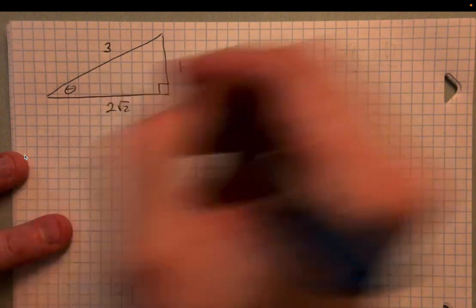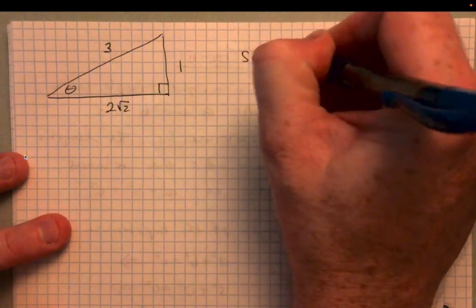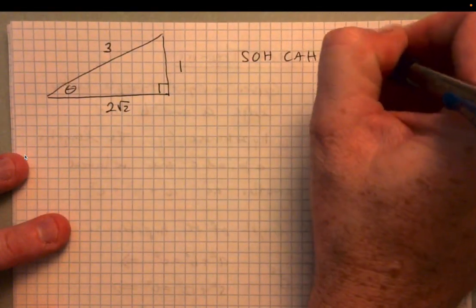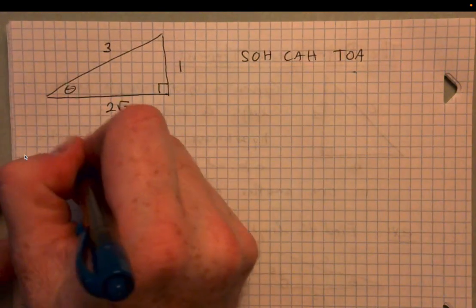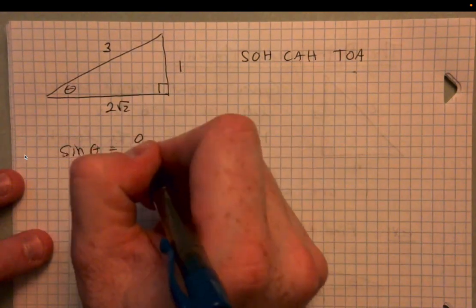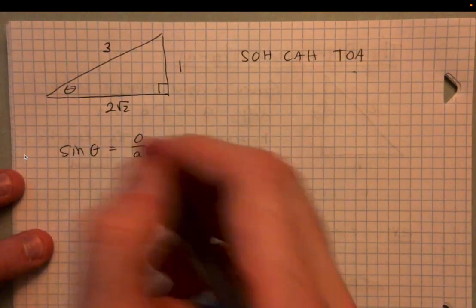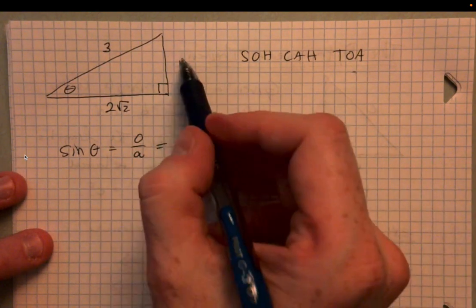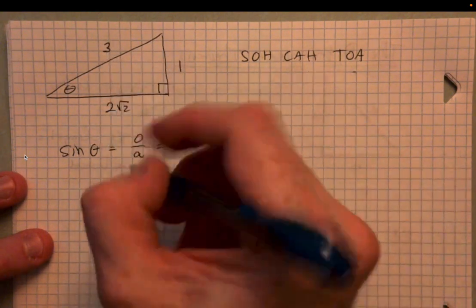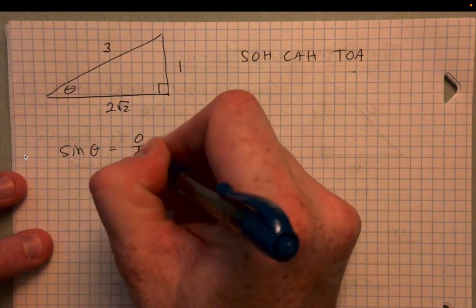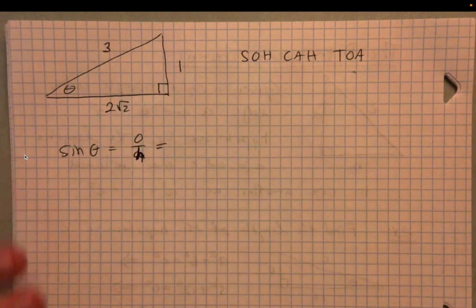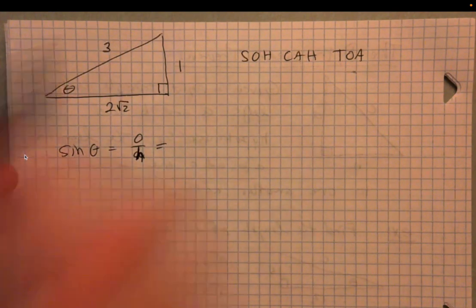So the sine of theta, so remember SOHCAHTOA. Okay, so the sine of theta is equal to opposite over adjacent. And so that's equal to 1 over, oh, sorry, opposite over hypotenuse. What am I writing here? O over H. And so that's equal to 1 over 3.